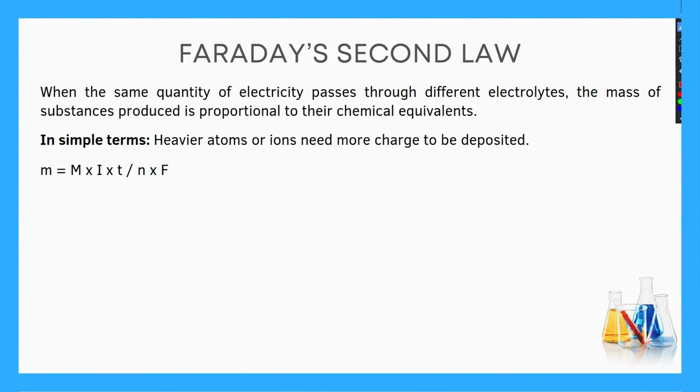Faraday's second law of electrolysis states that when the same quantity of electricity passes through different electrolytes, the mass of substances produced is proportional to their chemical equivalents.